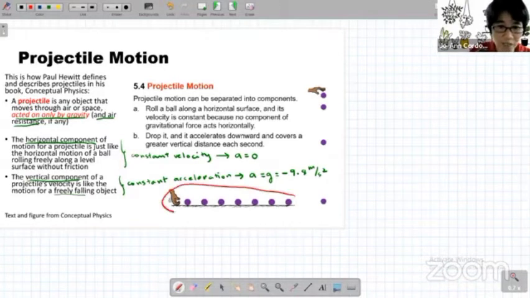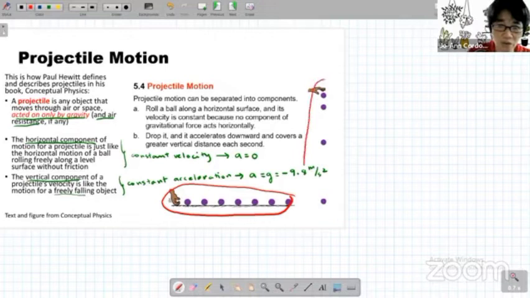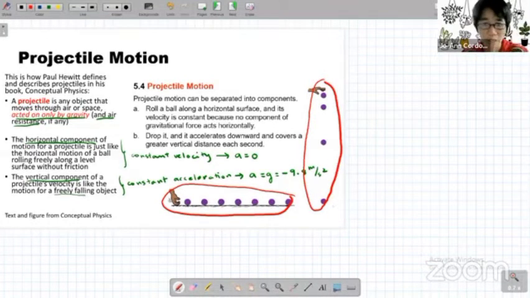So you have the horizontal component, which is constant in terms of velocity, and you have the vertical component, which is constant in terms of acceleration. Okay, so therefore, pag sinabi nating projectile motion, what we have is actually a combination of constant horizontal motion and accelerated vertical motion.